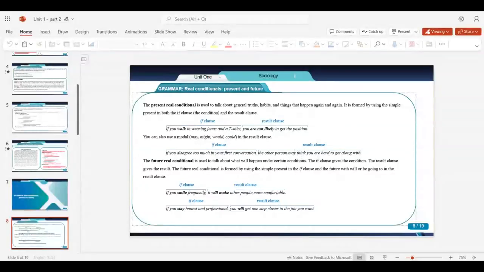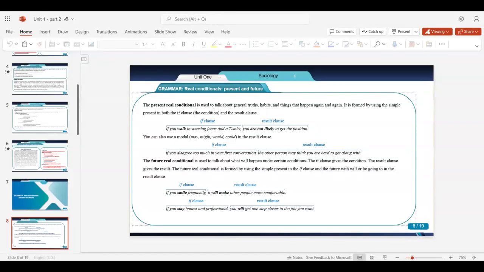If you disagree in your first conversation, the other person may think you are hard to get along with. So you cannot get along with him or her. The most important thing is where we use the present real conditional: to show truths, habits, and things that happen again and again.